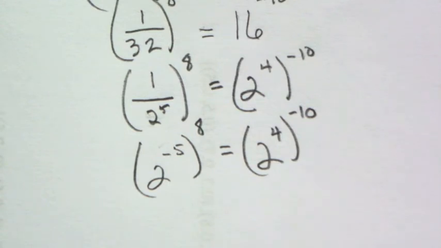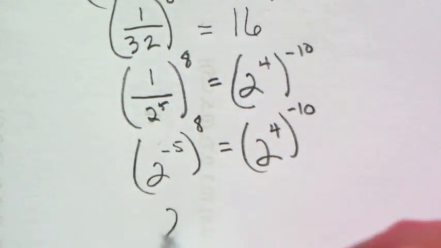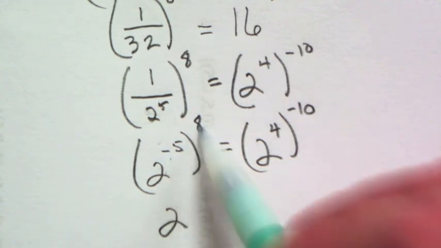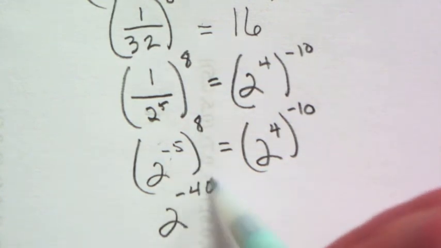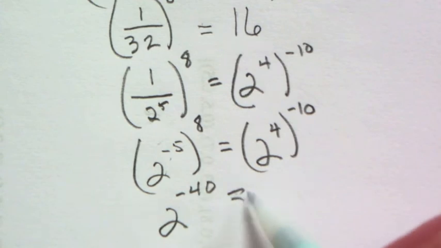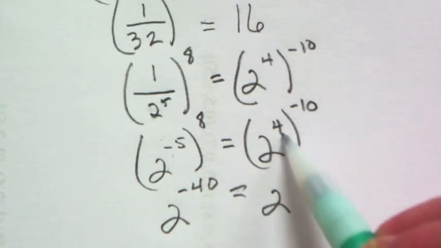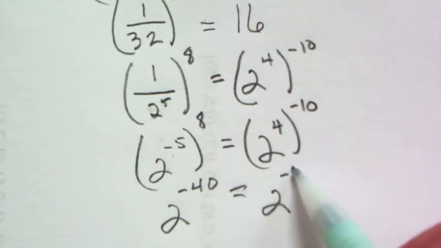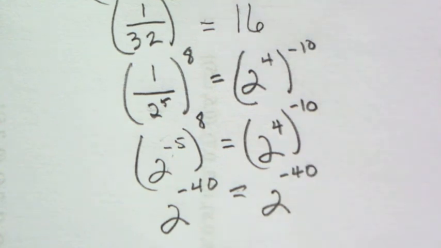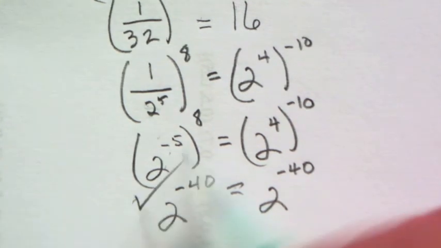I'm just going to do the power rule. Negative 5 times 8 is negative 40. And over here, I have 2 to the 4 times negative 10, which is negative 40. So without even expanding those out to see what they're equal to, I can see that they are equal. So it does check, and so it's correct.